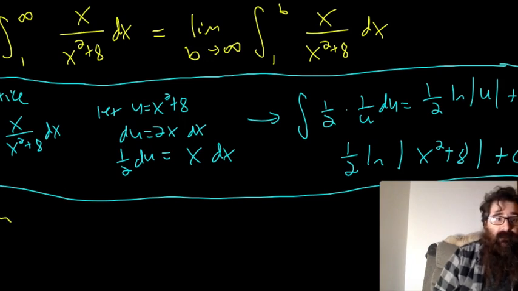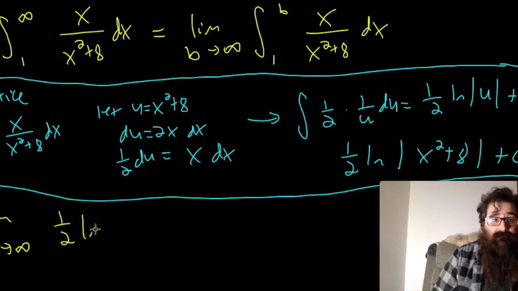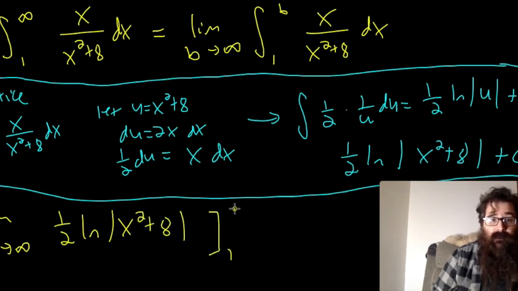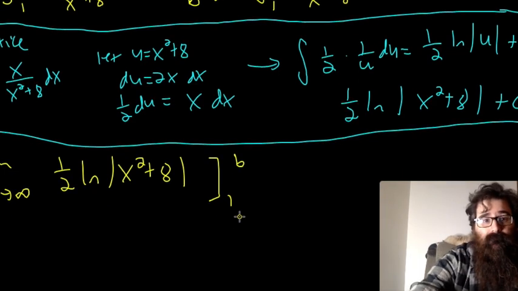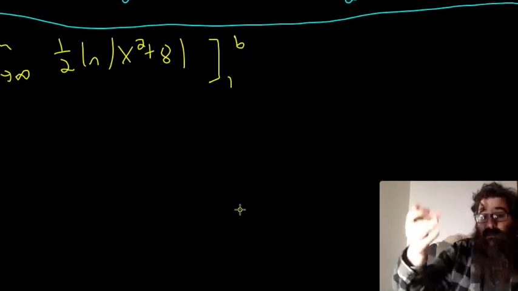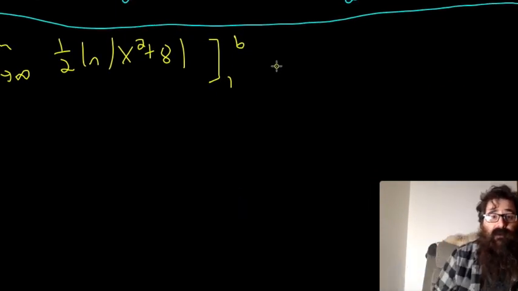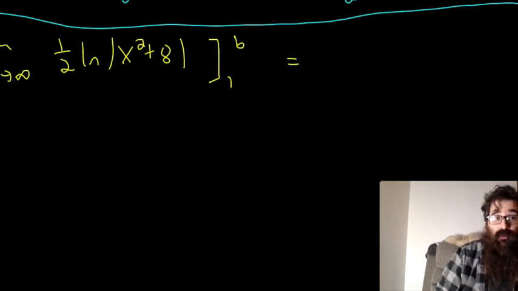So we'll say, okay, limit as b goes to infinity of, and now here I have 1/2 natural log absolute value of x squared plus 8. I don't need the constant since I'm bounded, and that's from 1 to b. And now I want to do the evaluation, right? Fundamental theorem of calculus part 2, electric boogaloo. Plug in the upper bound, plug in the lower bound.